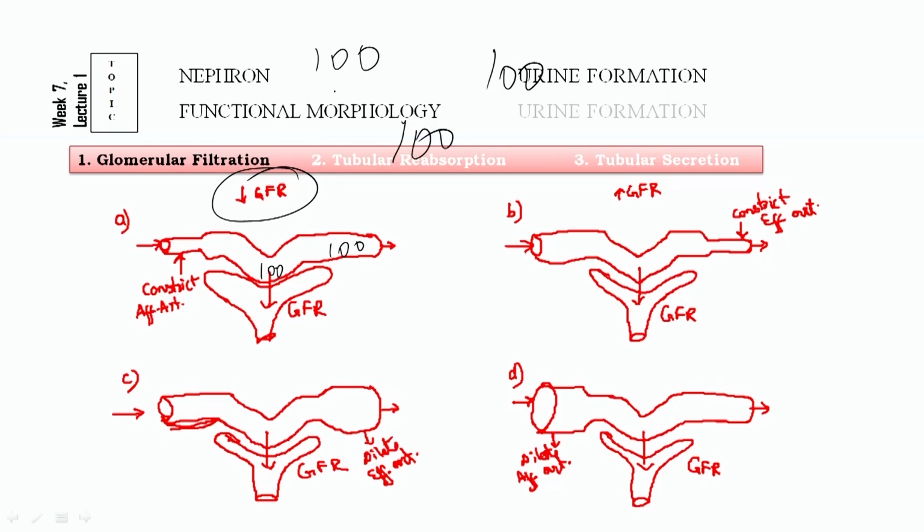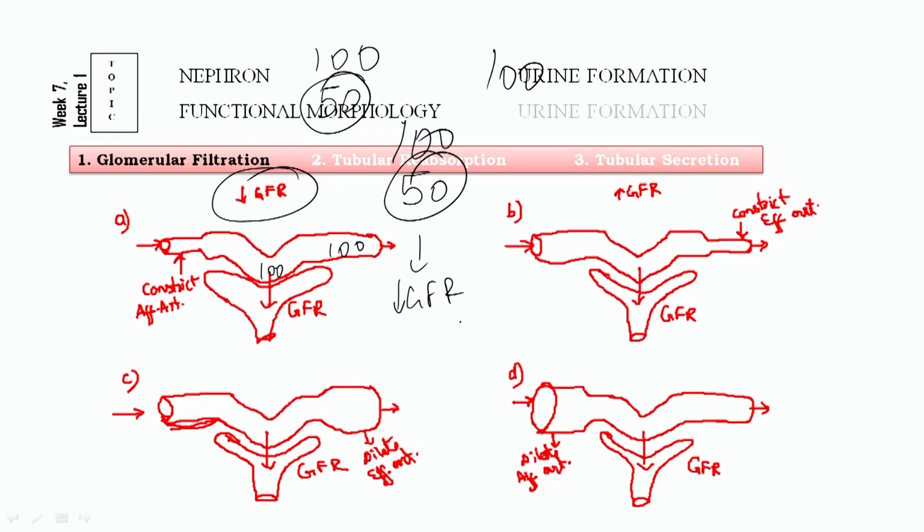If there is a constriction at the afferent arteriole, this 100 will become 50, for example. Then in the middle also it will become 50, right? Then the entry is less, and even in the glomerulus less blood is there, so obviously you can expect a less GFR, right?